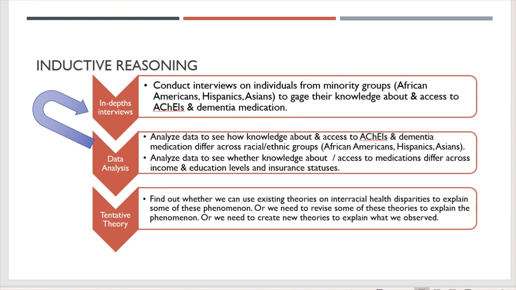And given the results we obtain from our interviews, based on all these narratives, we try to see whether the existing theories need to be revised to better explain the evidence we gather.